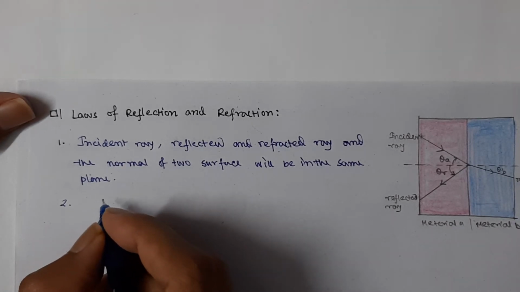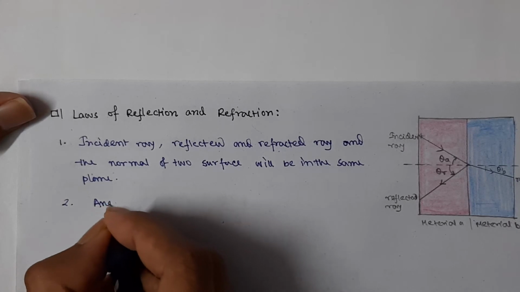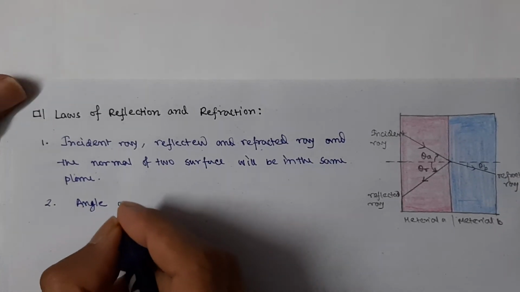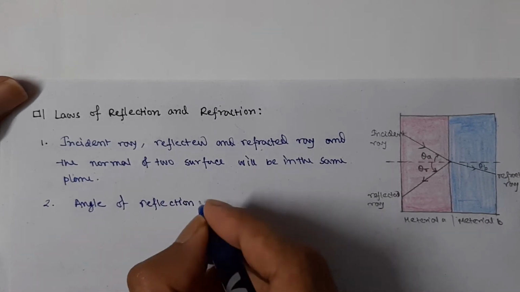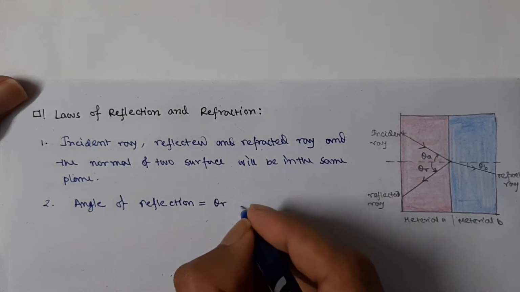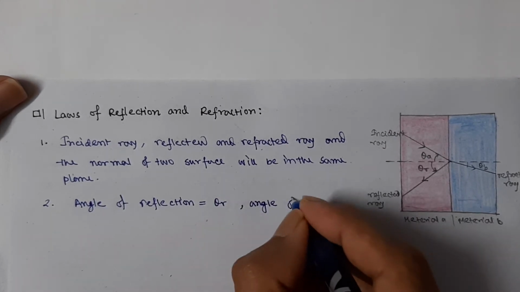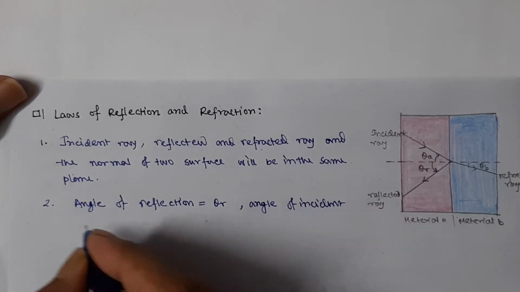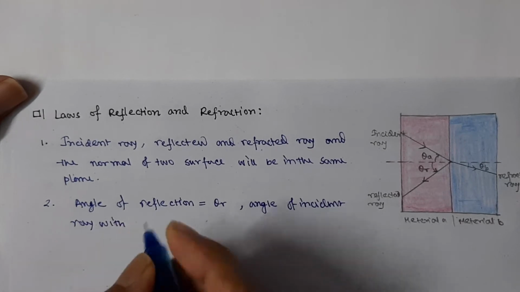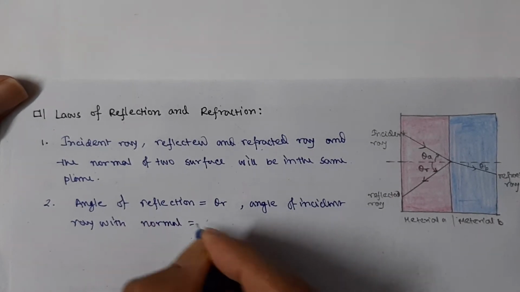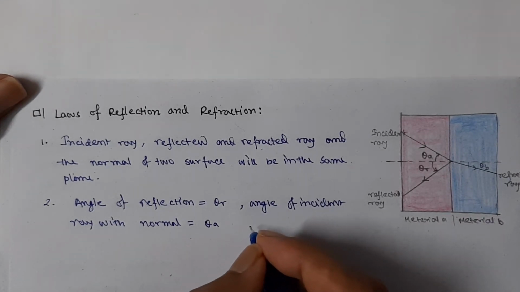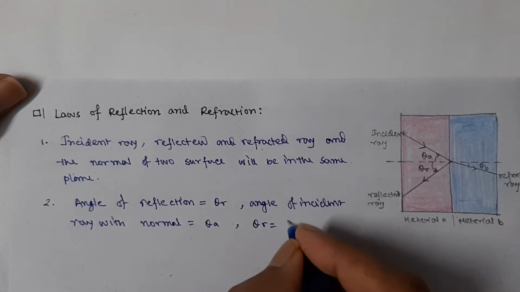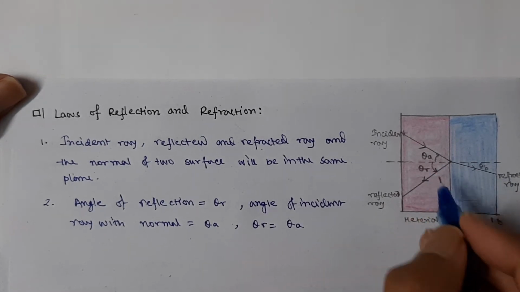If the angle of reflection is equal to theta R and the angle of the incident ray with the normal is equal to theta A, then the law of reflection says that theta R is equal to theta A, or these two angles will be the same.